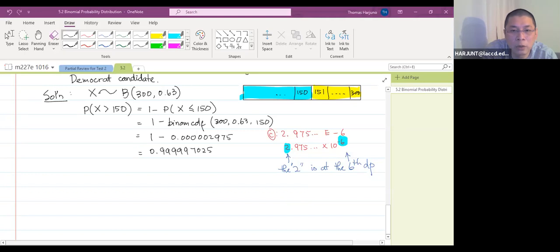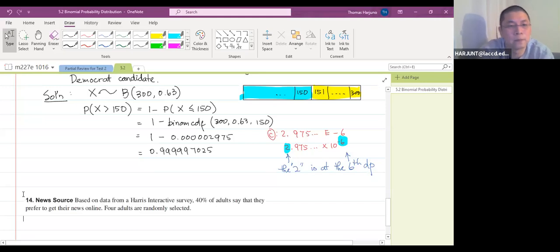Let me quote number 14. Give me a second. Okay, number 14, we have this. The question is cut between 2 pages, so I need to copy paste the rest.